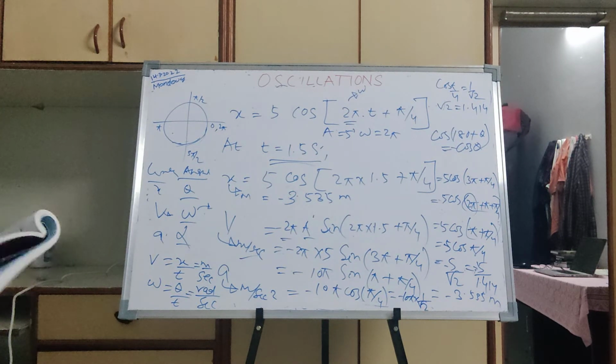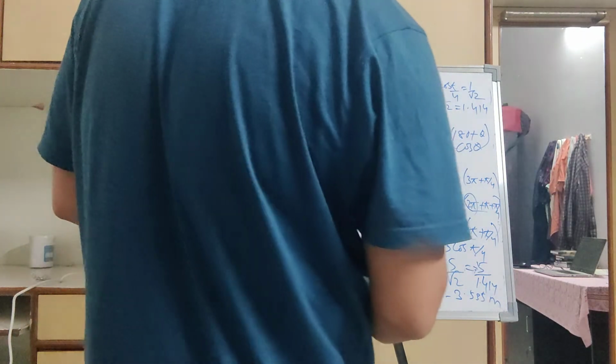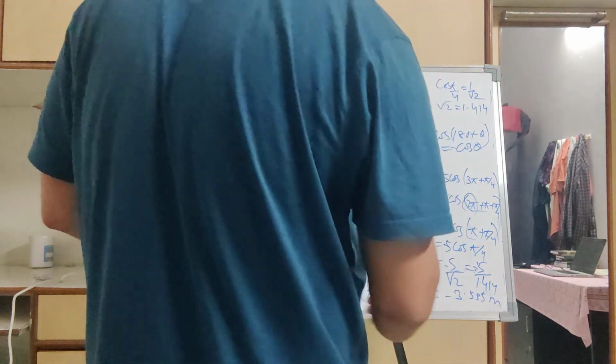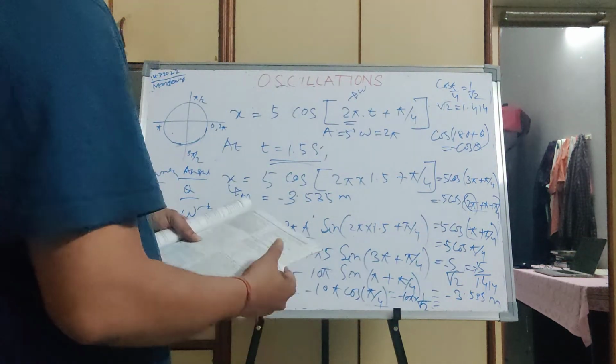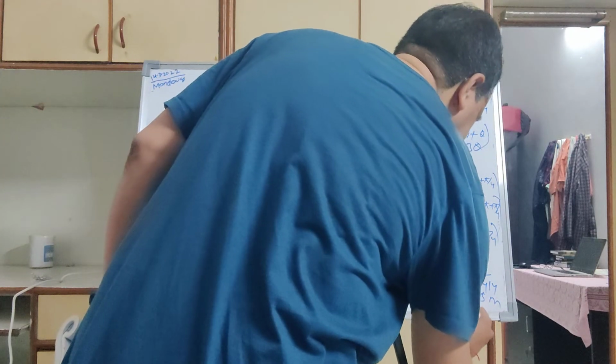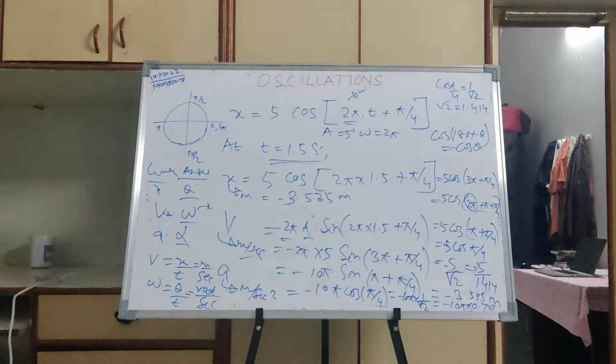So 1 by root 2 is nothing but 0.707. So minus 10 pi into 0.707 in meter per second.